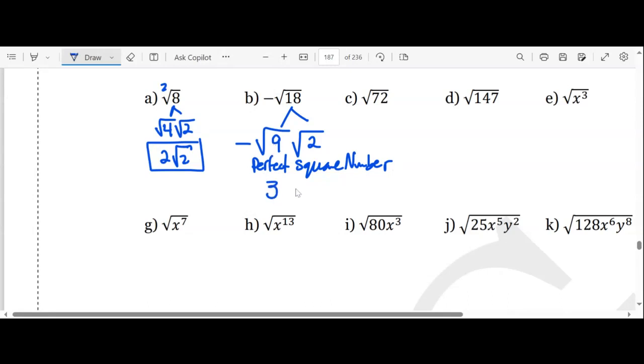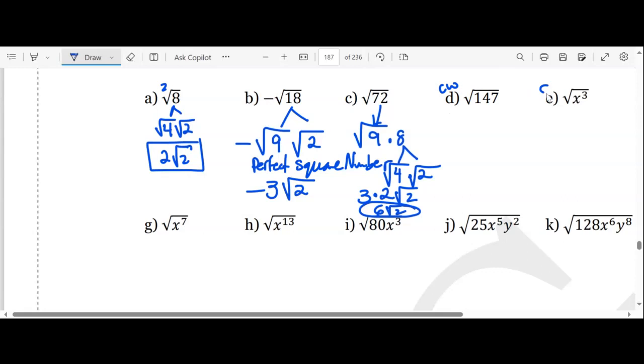What's the square root of 9? 3. And then you bring down this. Okay, 72 is what by what? 9 times what? 8. And 8 is what by what? 4 times 2. So actually, this is what you have. What's the square root of 9? What's the square root of 4? And then you bring down this. 3 times 2 times the square root of 2. That's your final answer. Easy?